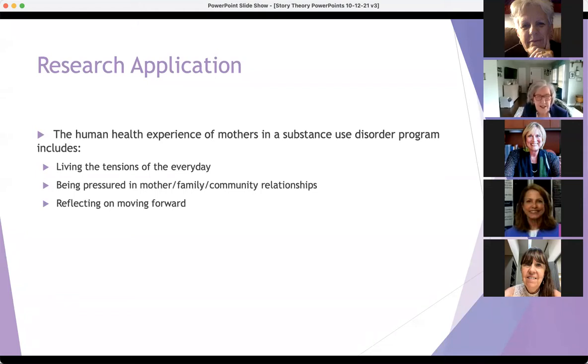The human health experience is living the tensions of the everyday. The human health experience is being pressured in mother, family, community relationships. The human health experience is reflecting on moving forward.